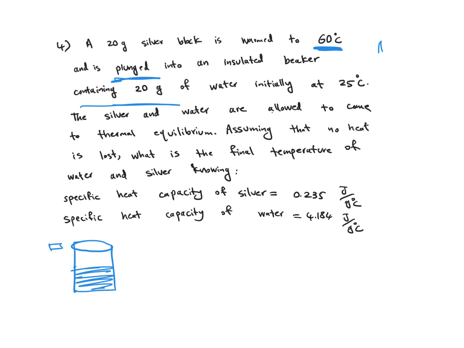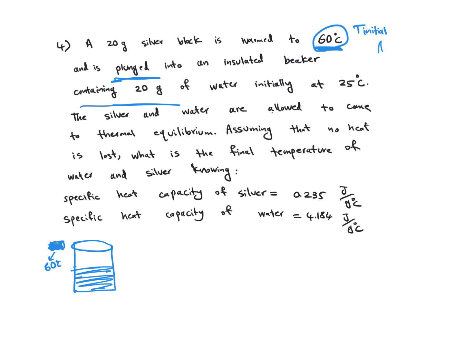And then I have a silver block and it has a certain initial temperature. So T initial of this silver block is 60, right?